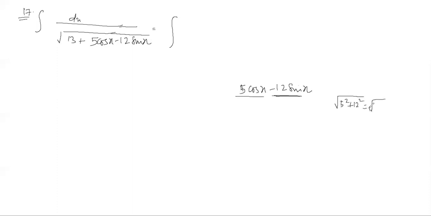This is 25 plus 144, which is 169, which equals 13. So the next step is just multiply and divide by this value.